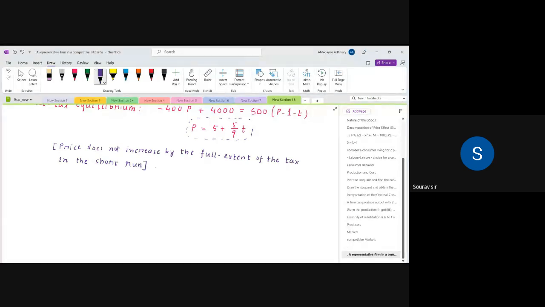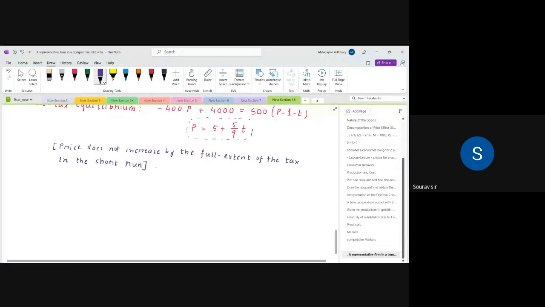I'll explain later why I'm writing short run, but at least from the calculation, I hope this makes sense. The producers are being taxed at the rate of T per unit, but the market price does not increase by T. It is 5 by 9 times T. So a part of the burden on the producers is getting transferred to the consumers. So the equilibrium price that you get is 5 plus 5 by 9 T.